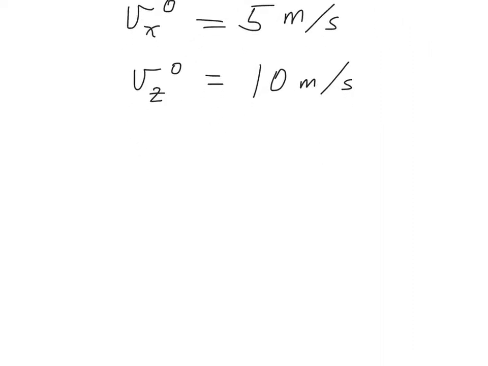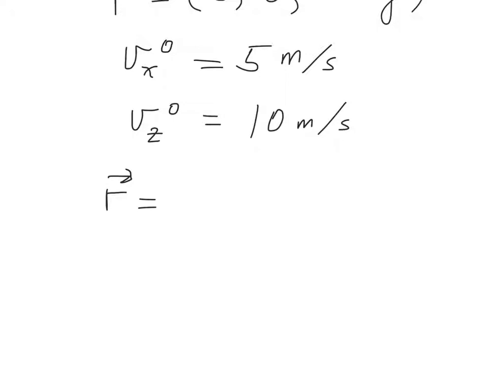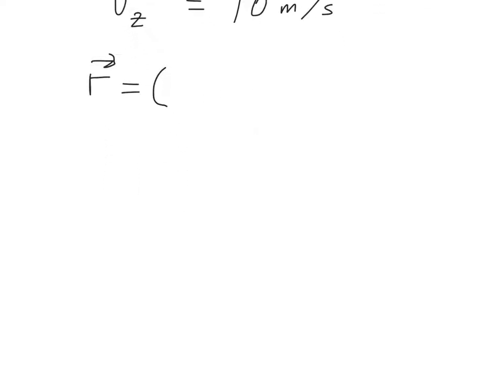I will assert that the solution is simply to find the position as a function of time. So I will assert that the solution R is a vector with these three components. The x component is Vx0, that's that 5 meters per second, times the time.